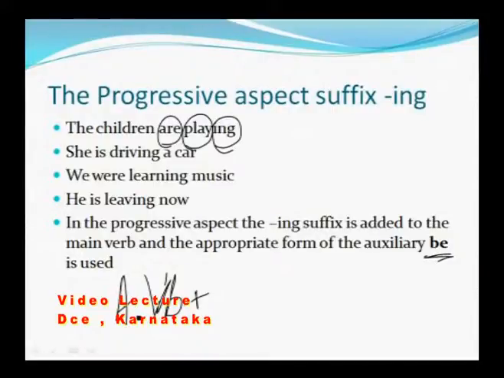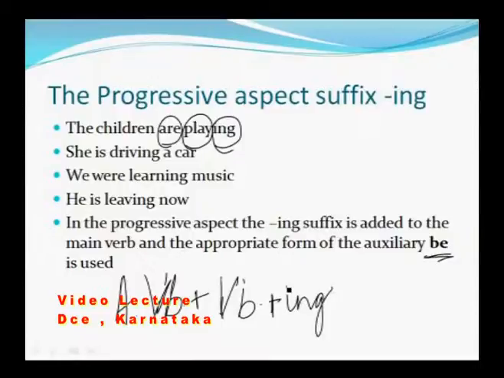Next is lexical verb or the main verb plus this particular verb takes which form? Ing form. So whenever you are writing sentences in progressive aspect, make sure that your sentences have these auxiliary verbs. Students tend to miss out these auxiliary verbs, especially when they make a reference in the progressive aspect.